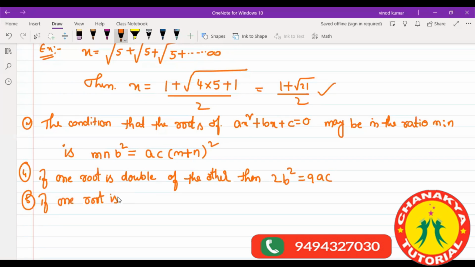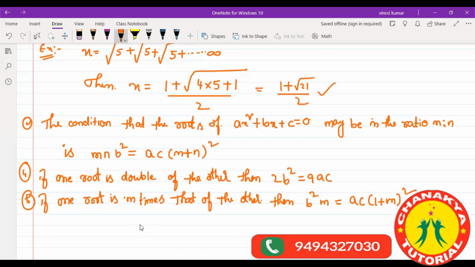These are the conditions. And if one root is m times the other root, then the condition is b square m equals to ac into 1 plus m whole square.